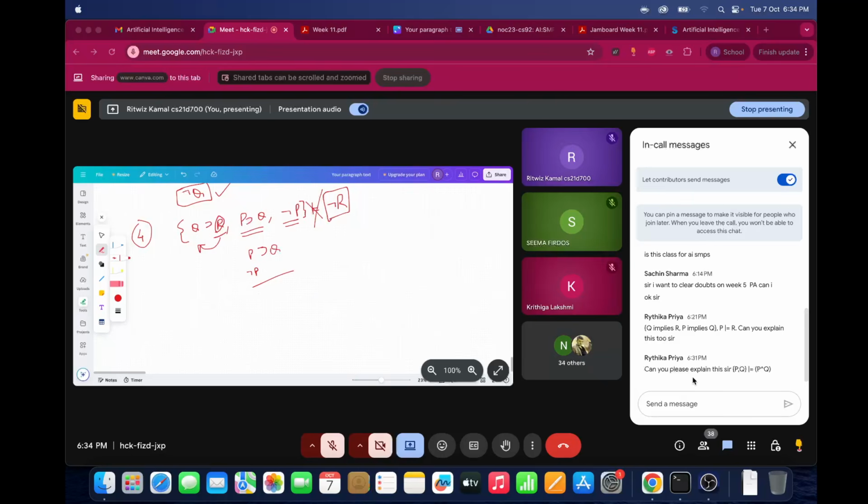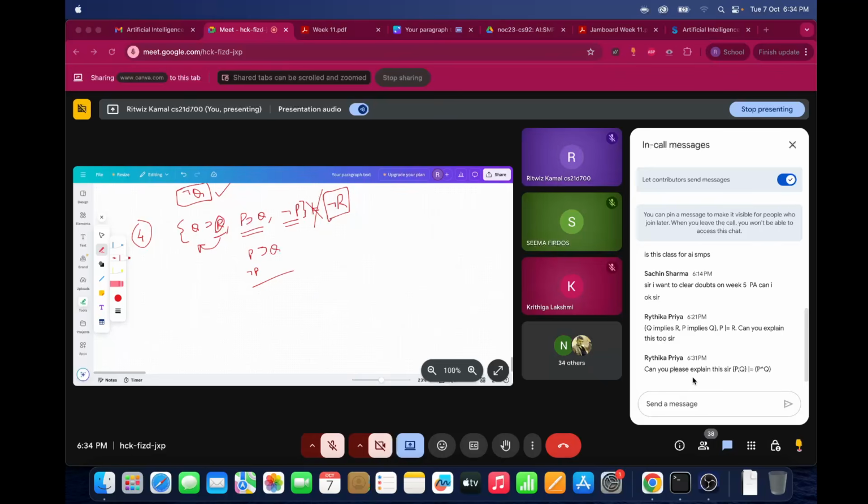So the normal modus ponens was P implies Q and P gives us Q, right? Now let's say in terms of formal logic, this is given to you in some variable format, and let's say P(a).